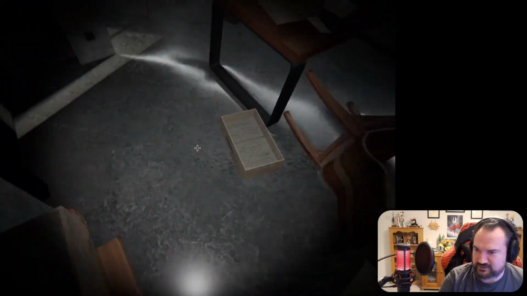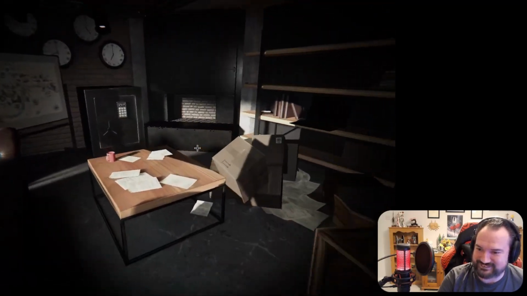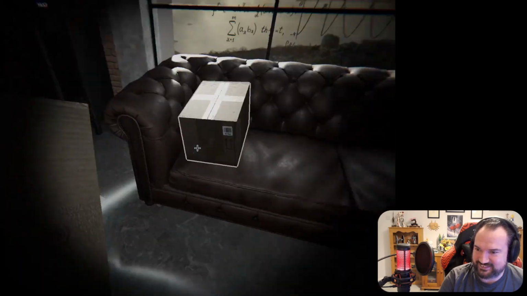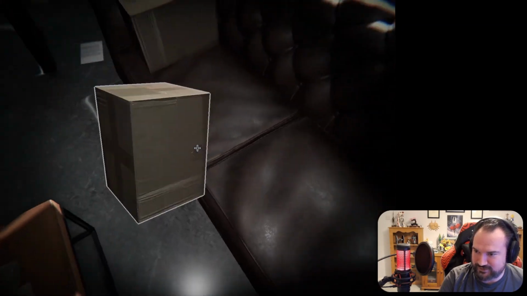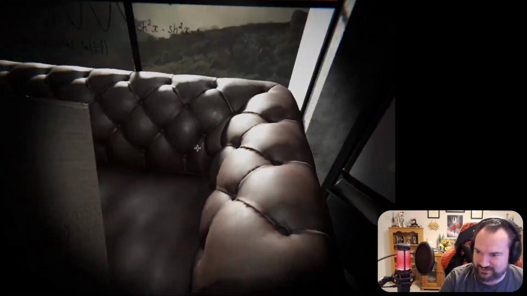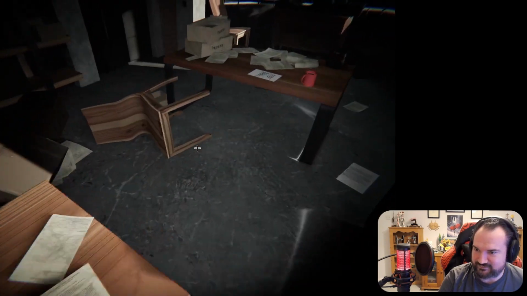And actually, we're just making the room harder and harder to navigate round. Okay, look. We'll try and pile the boxes up neatly on the chair here. Yeah? There we go.